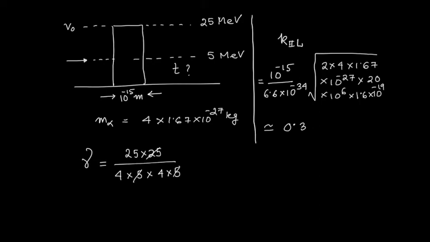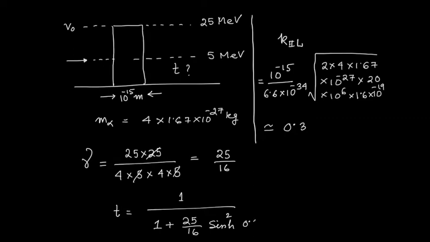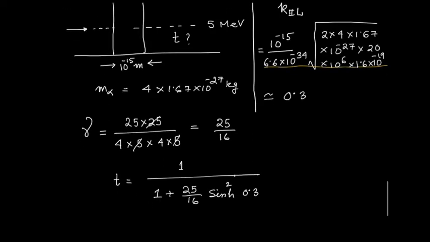So this goes away, 125 goes away, this is 25 by 16. Now if you calculate T, this is 1 by 1 plus gamma, 25 by 16, times sine hyperbolic square 0.3. I'll request you to complete the calculation, put these values in your favorite calculator and figure out what this number is.